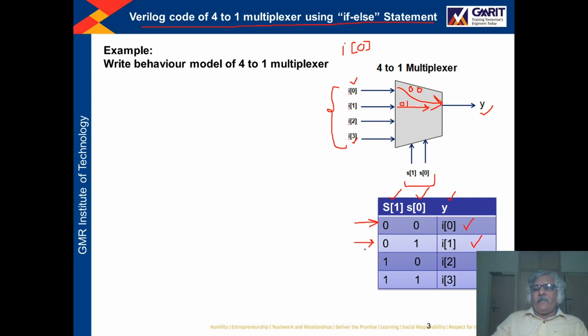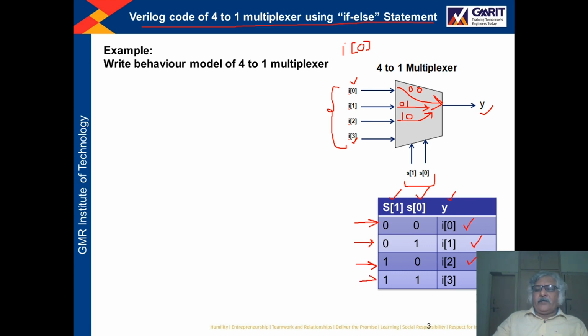Now we see the third condition: if S1 is 1 and S0 is 0, then whatever data we have at the I2 input will be transferred to the output Y. So I2 data will be transferred to Y if S1 is 1 and S0 is 0.